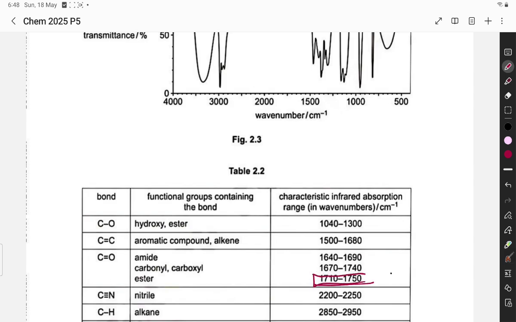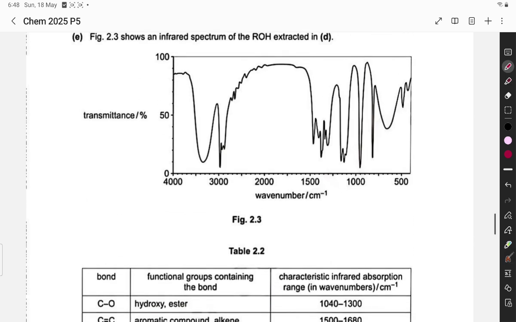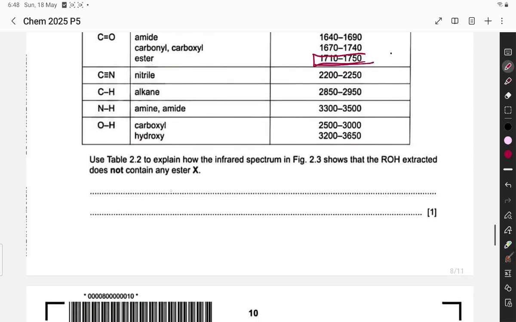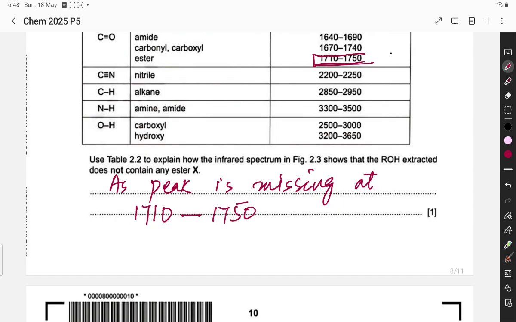So at this point the peak for ester C=O is missing, and that is why the ester is absent.